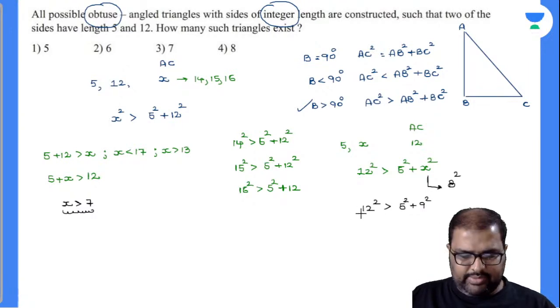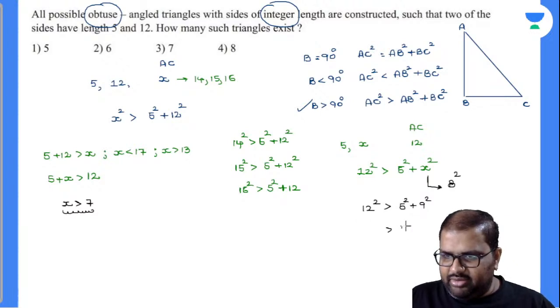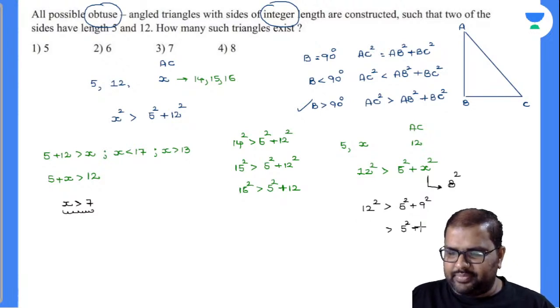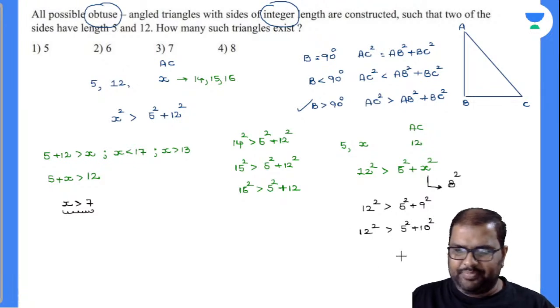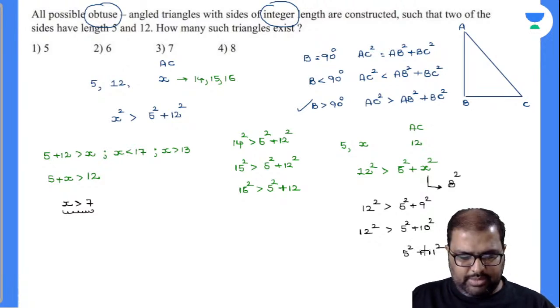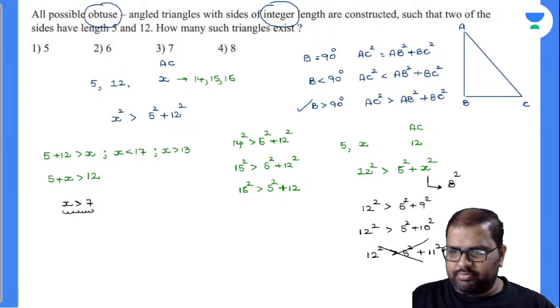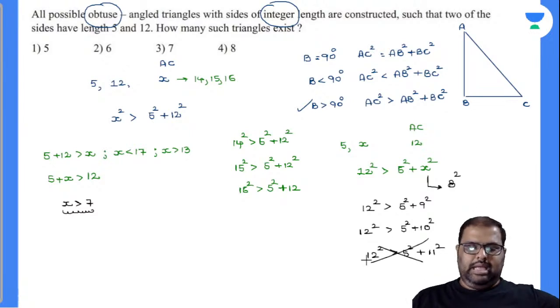Yes, it is. 81 plus 25, yes, 106. If I take 5 square plus 10 square, is it greater? Yes, it is greater because it is only 125. If I take 5 square plus 11 square, 11 square is 121 plus 25, is it 146? Now see here, this value will not work out. So perfectly done. Am I right or wrong?